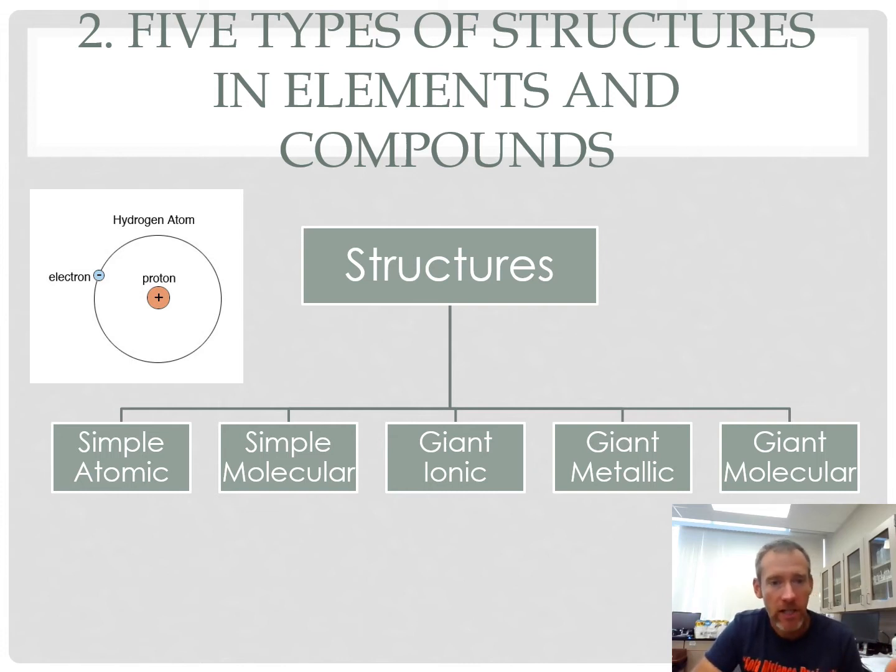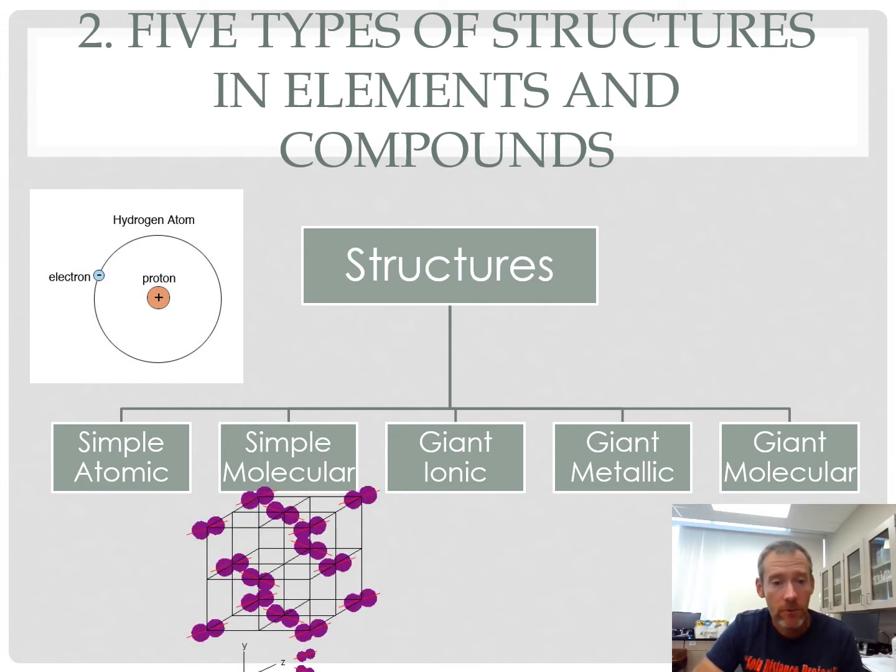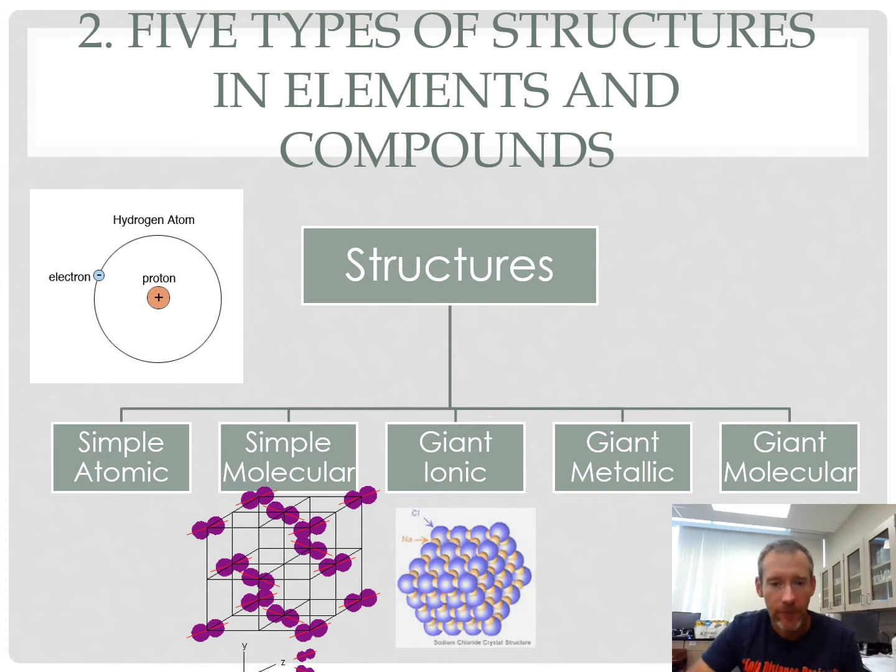So a hydrogen atom is atomic, so it's a simple structure, but if you have them in diatomic form, the structure is simple molecular. The difference between simple atomic and simple molecular is really just if it's a molecule bonded to itself or bonded to other atoms that are weakly bonded, that's simple molecular, whereas simple atomic is just the atom itself.